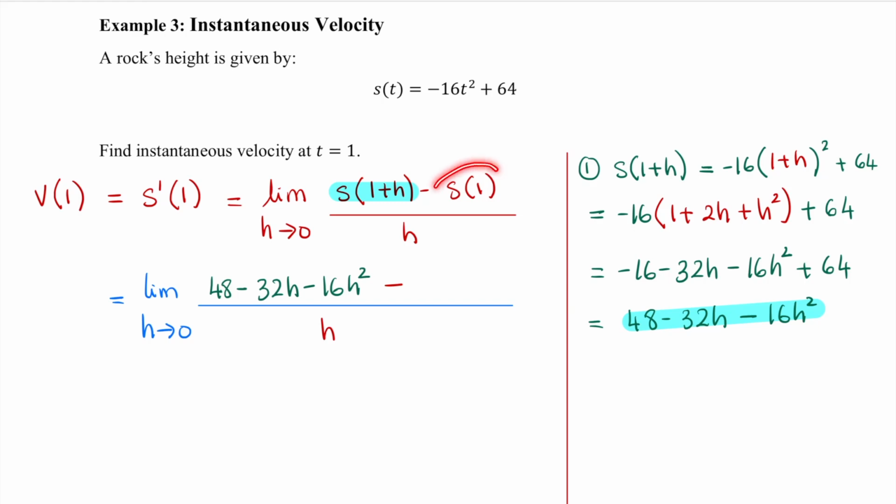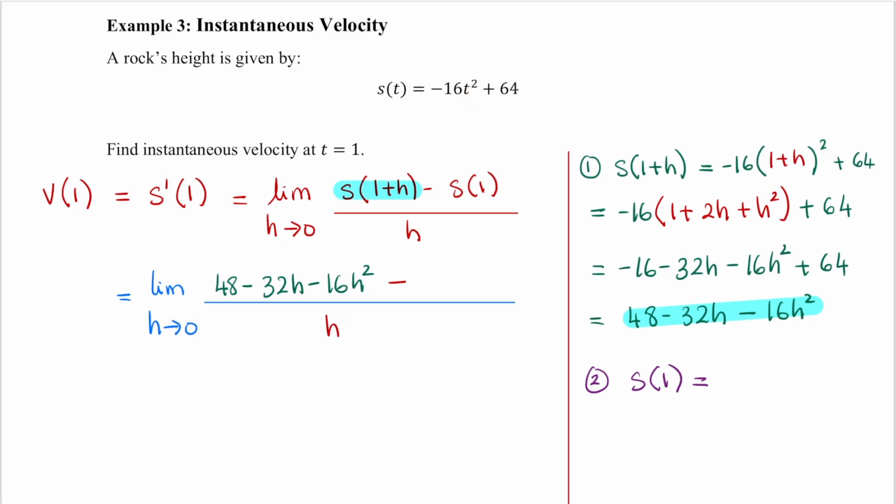Next, I need to find s of 1. To find s of 1, I will substitute 1 into the function. So I have negative 16 times 1 squared plus 64. 1 squared is 1, and 1 times negative 16 is negative 16, plus 64.